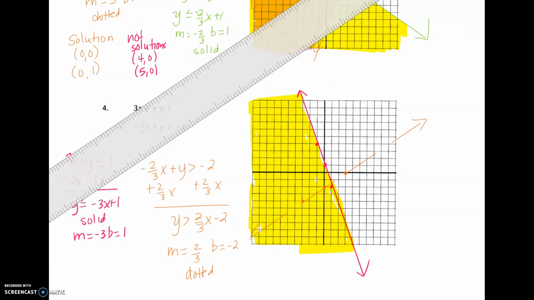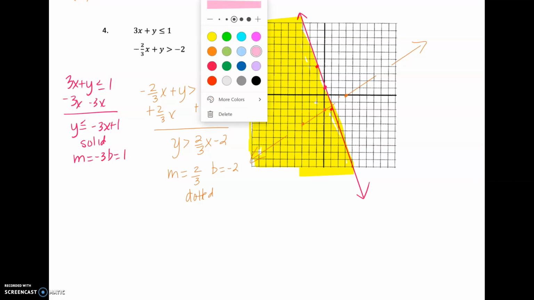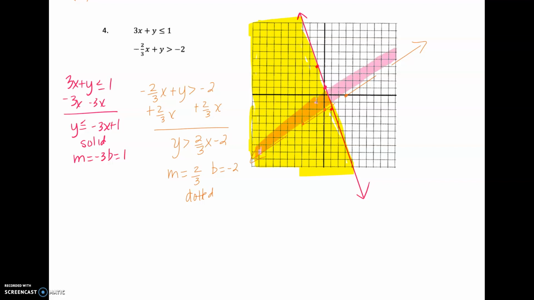Now we're going to shade. And it says that it's greater than. So any point I pick going up is going to be greater than. And we will see that where it becomes orange is where it's the solution.